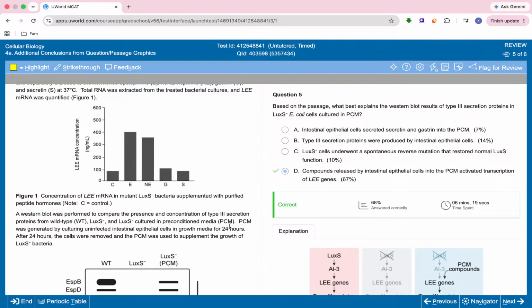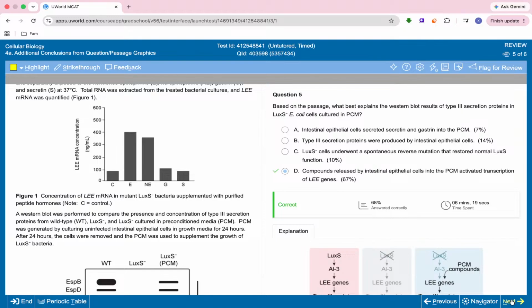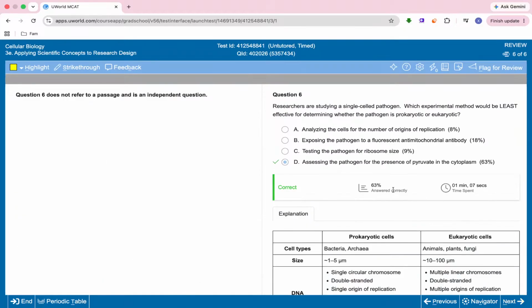If I would have read this, I would have known. I don't think I read that sentence. I think that's the reason why. Now let's read. I'm not gonna read the question like that.